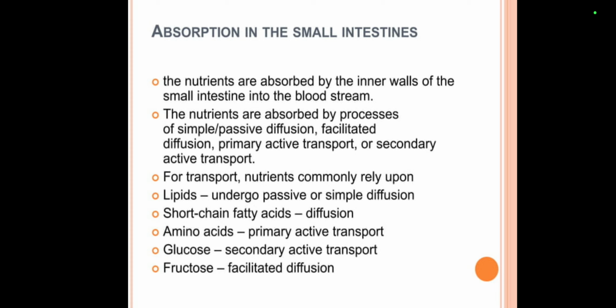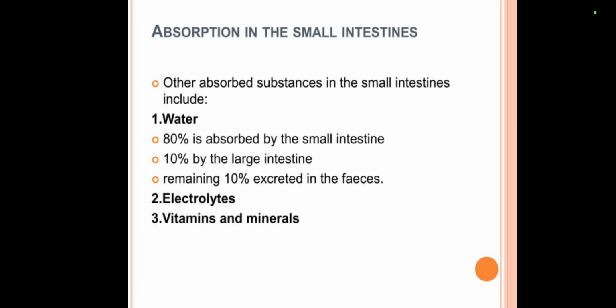Lipids undergo passive or simple diffusion. Short chain fatty acids undergo diffusion. Amino acids, primary active transport. Glucose, secondary active transport. Fructose, facilitated diffusion.